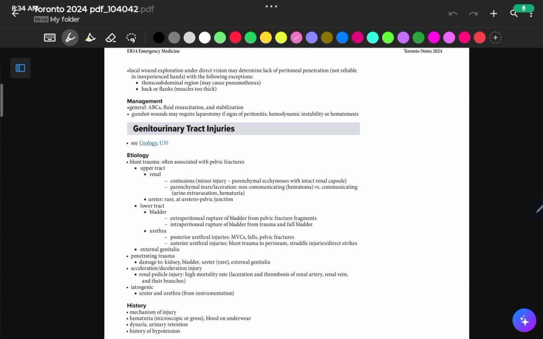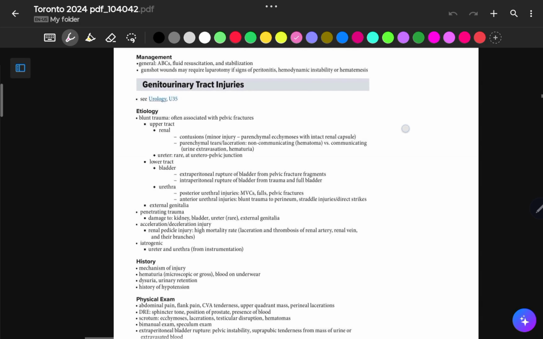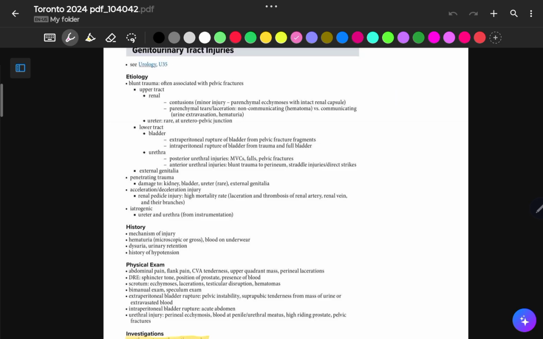Next, we're going to talk about genitourinary tract injuries. Etiology can normally be due to blunt trauma, often associated with pelvic fractures. It can involve the upper tract, which is your kidneys, causing contusions, tears or lacerations.